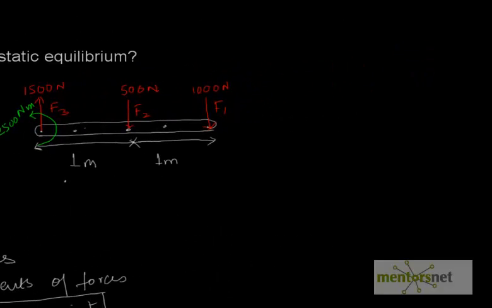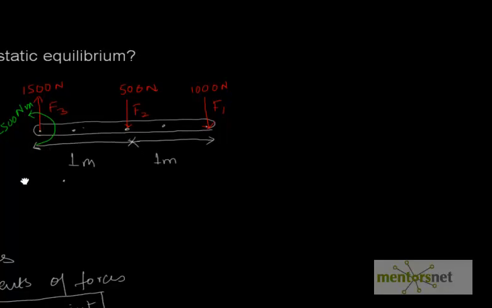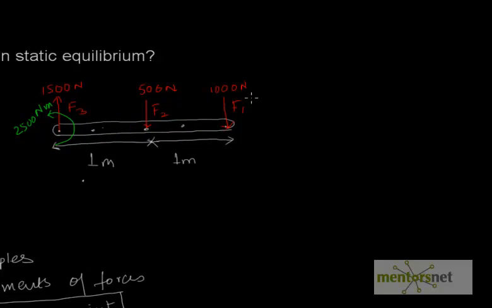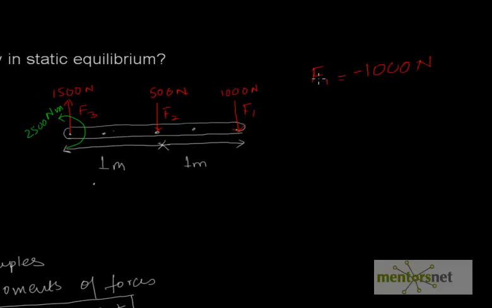So let's first take the first principle, that the sum of all horizontal forces should be equal to 0. We can see that there are no horizontal forces in this, so that is trivial. The next sub-principle says the sum of all vertical forces is equal to 0. So F1 is a vertical force, F1 we can see is minus 1000 newtons.